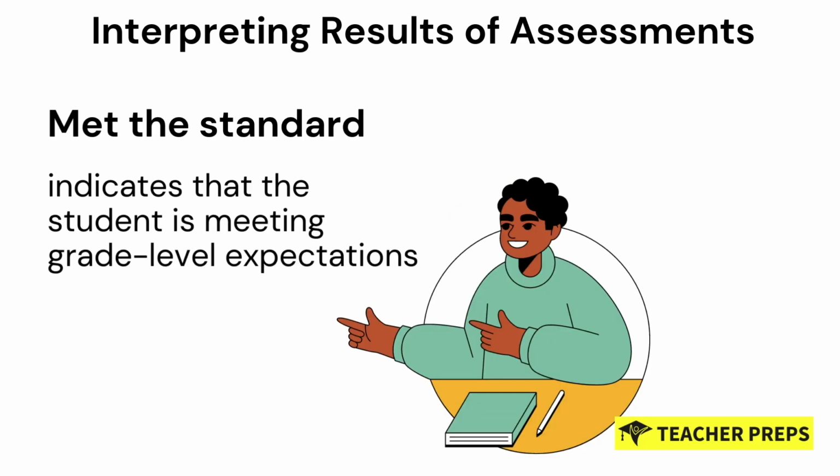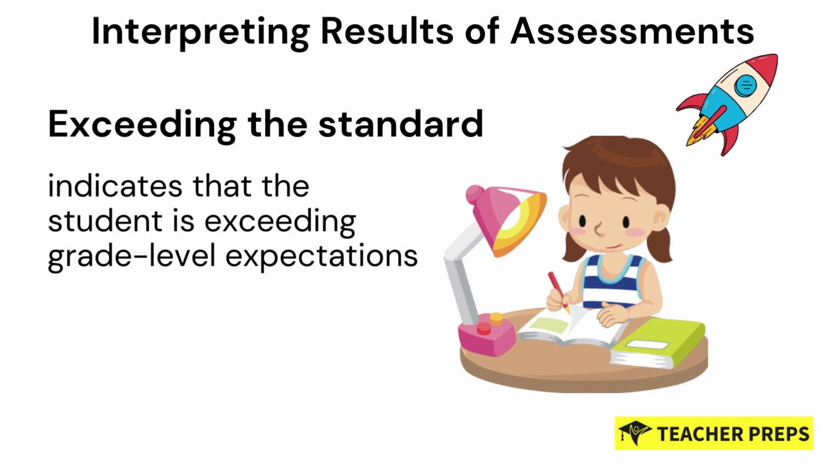The second result is meeting the standard. In this case, the student's assessment results indicate that the student has met the standard. And finally, exceeding the standard, which through analysis of the assessment results indicates that the student's skill has not only met, but actually exceeded the expectation standard.